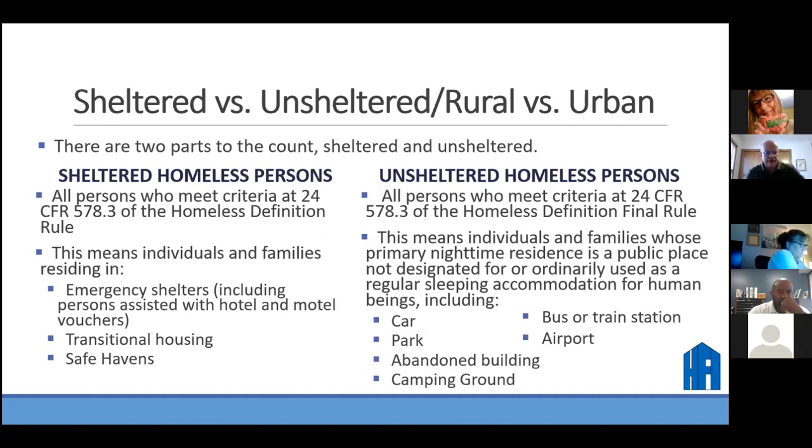So we mentioned that there is a sheltered and unsheltered count. The sheltered count covers people, guess what, who are in emergency shelters, transitional housing, or safe havens.